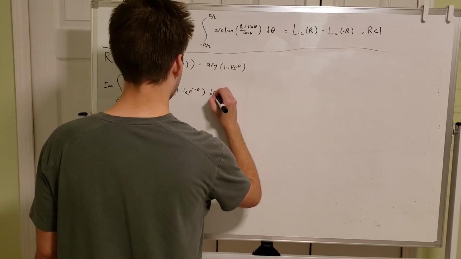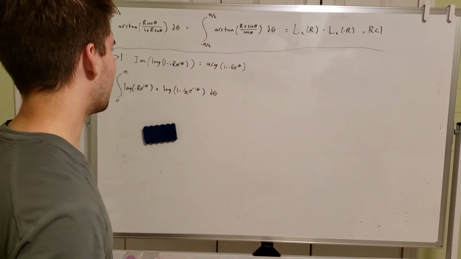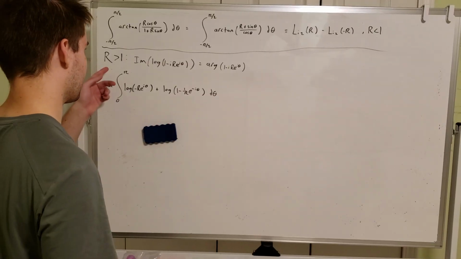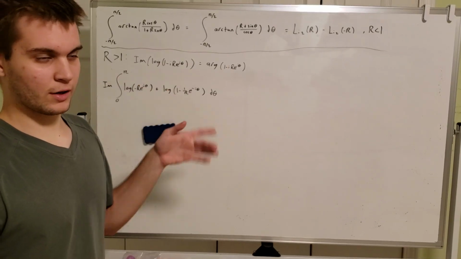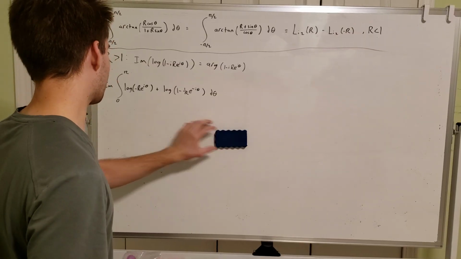You can check that this was equivalent. All I did is just factor out a minus r e to the I theta. Now you see that this term has a 1 over r as its modulus, which you know has to be less than 1 if r is greater than 1. So that means we're going to be able to expand this with the series. But first, let's tackle this.